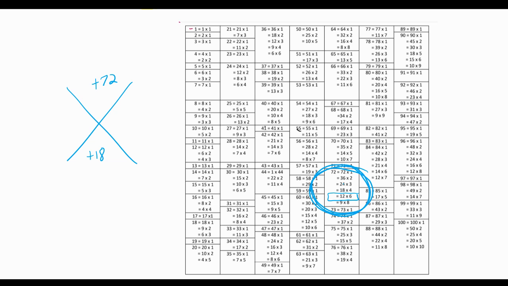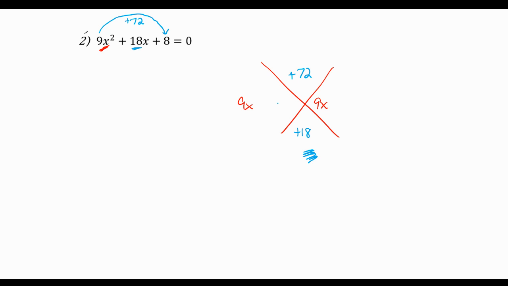See how nice this sheet is? So we're going to use a 12 and a 6, and then we just have to decide on our signs. So what kind of 12 and what kind of 6 add to positive 18? It has to be positive 12 plus 6. 12 plus 6 is 18. 12 times 6 is 72.